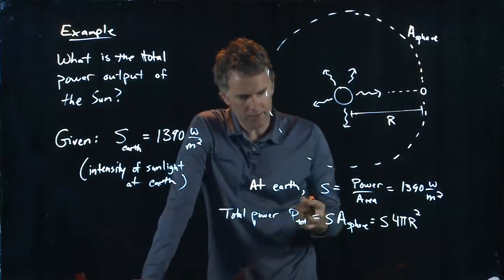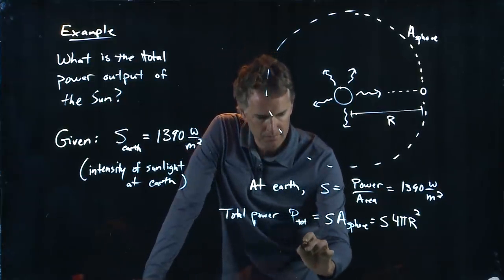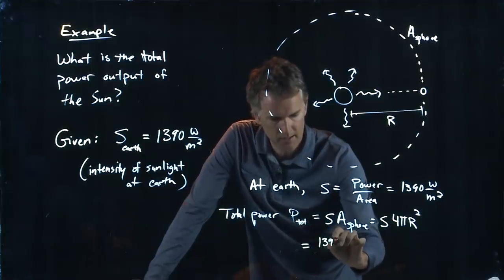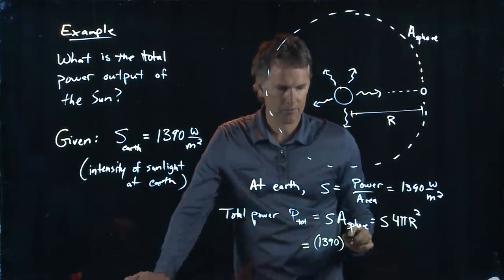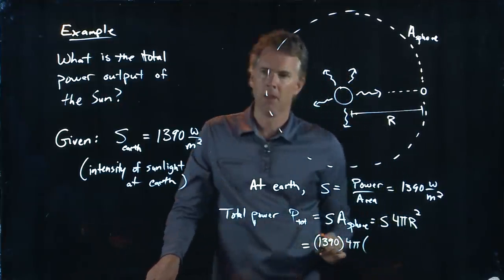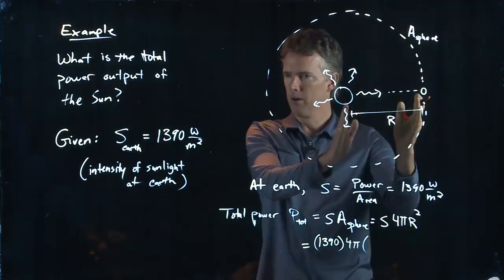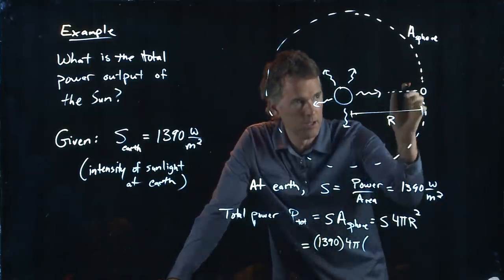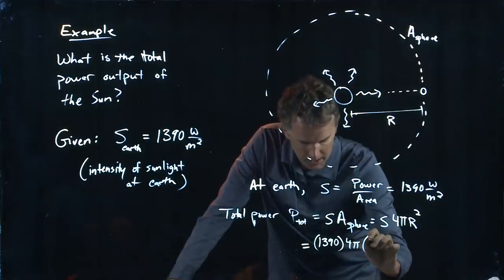And as you can imagine, that's going to be a pretty big number. So we have 1390 for S, we have a 4, we have a pi, and now we need this number R. And this you can look up in your textbook. How far is the Earth from the sun?